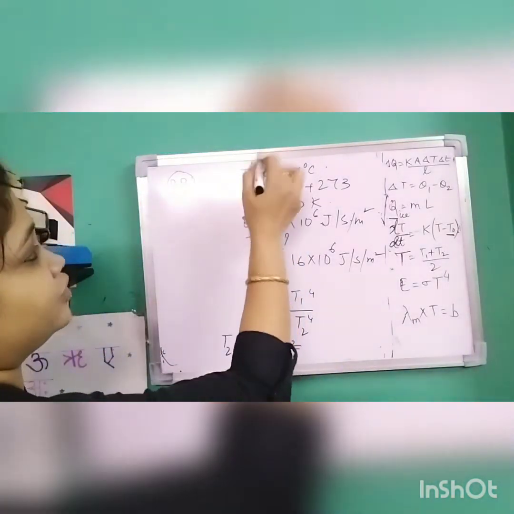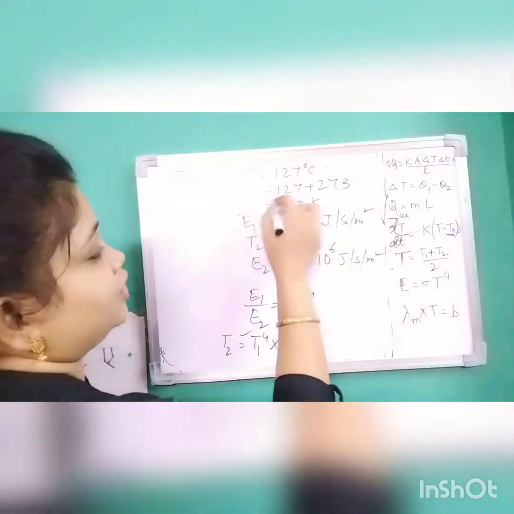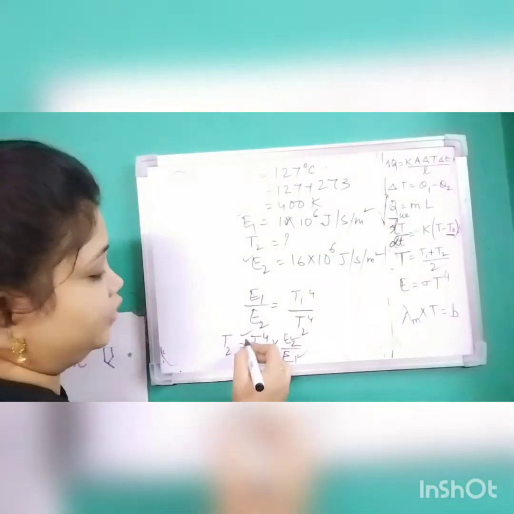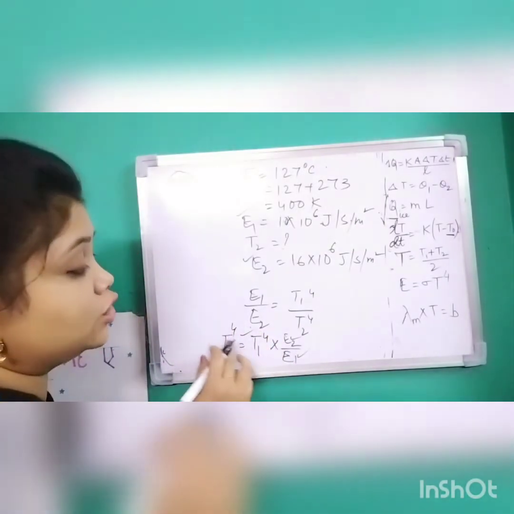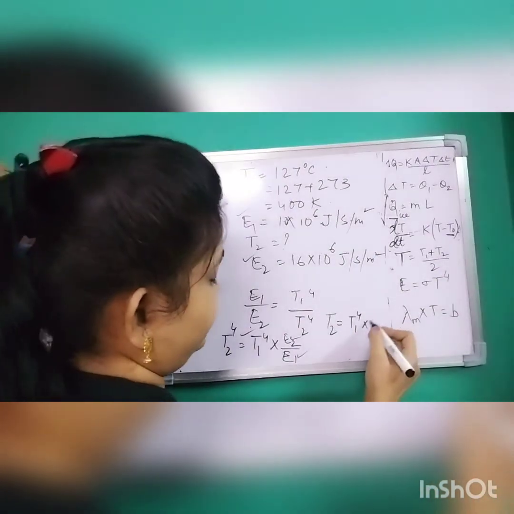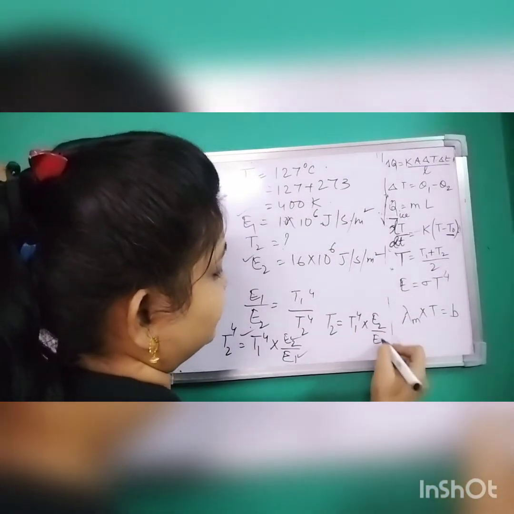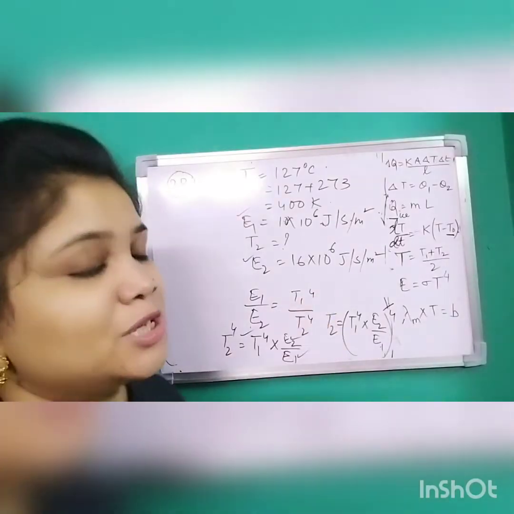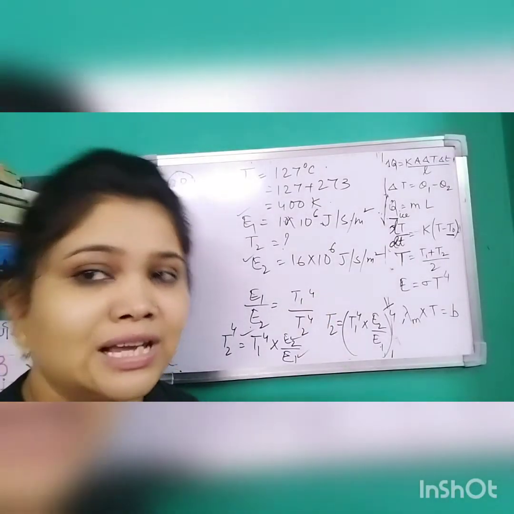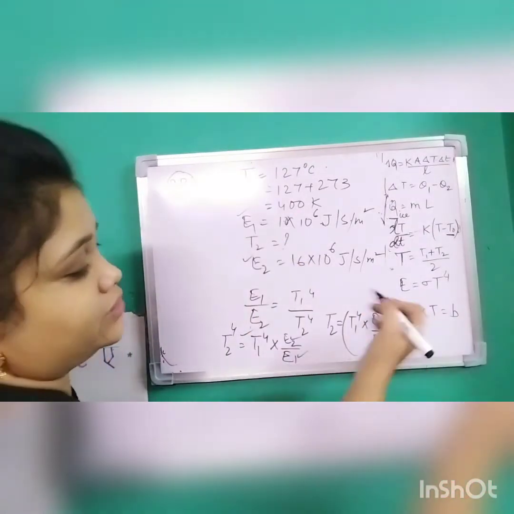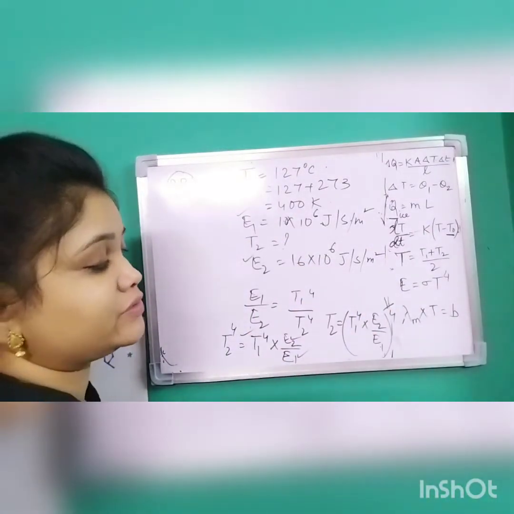You know the value of T1, E1 and E2. Solve it, and as it is whole 4, when it comes to this side, T2 will be T1 into E2 by E1 root over of 1 by 4th. Just put the values, solve and get the answer.